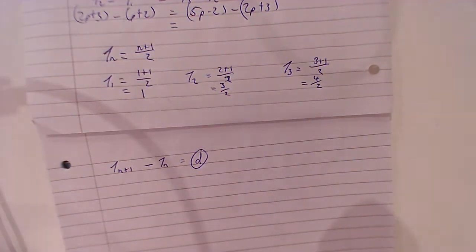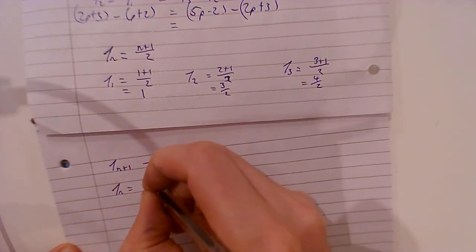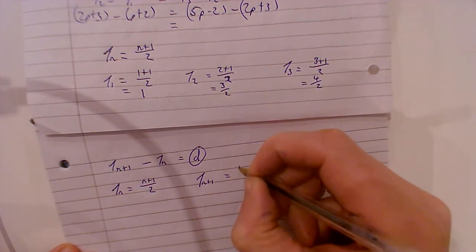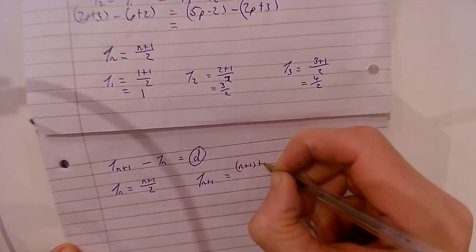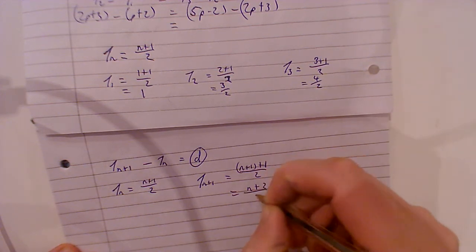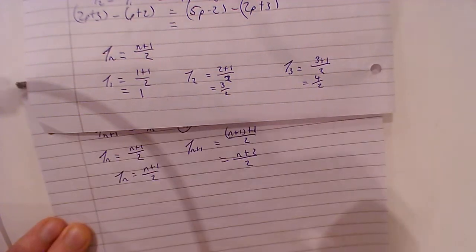The difference should always be constant. So t n is n plus 1 over 2. And t n plus 1, here we go, n plus 1 replaces n, and that's all it is. So that's going to be n plus 2 over 2. That's t n, n plus 1 over 2.